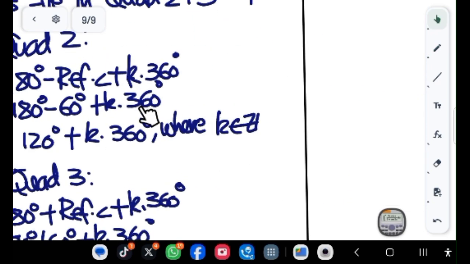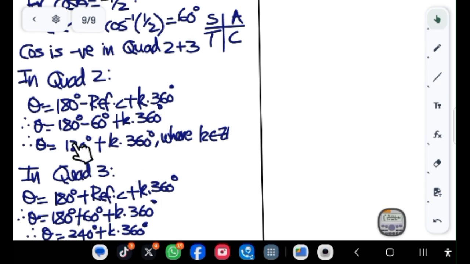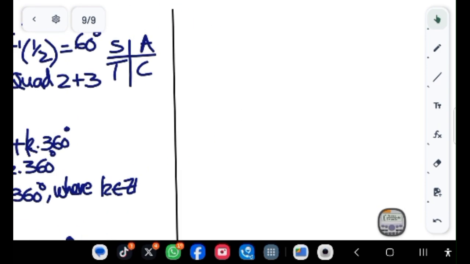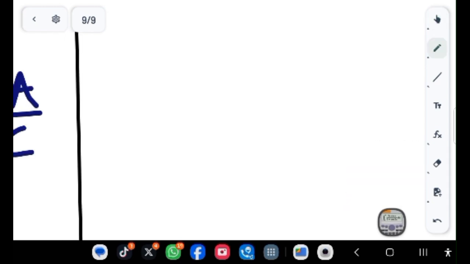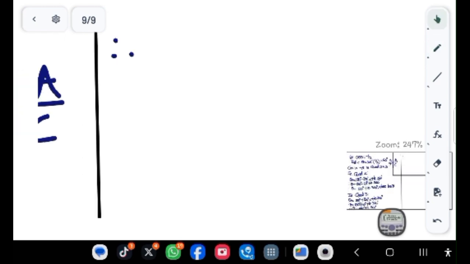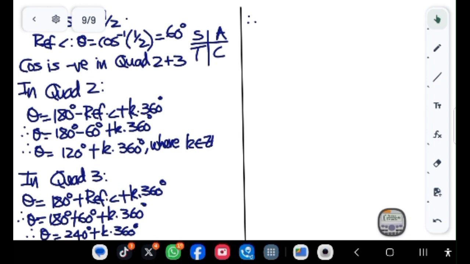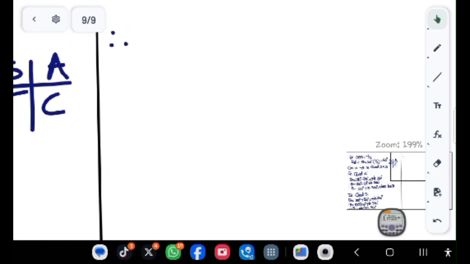Now notice something, 240 is simply 2 times 120 degrees, so we can divide both of them by 2, but you can also leave it like that.